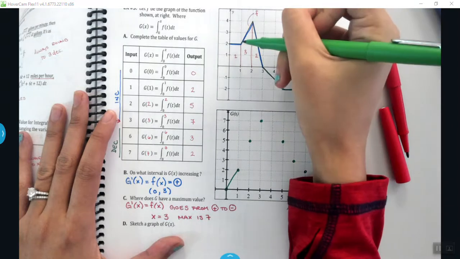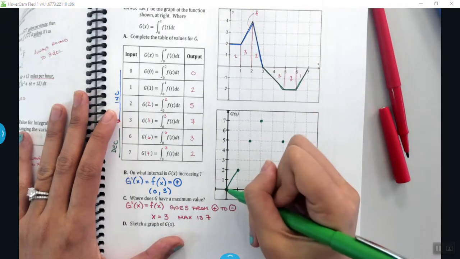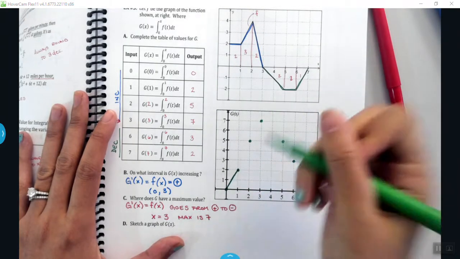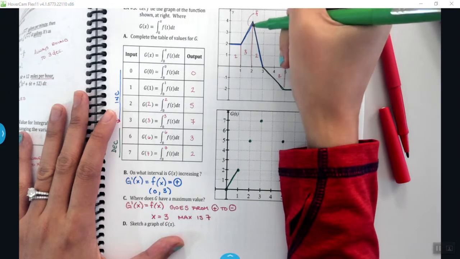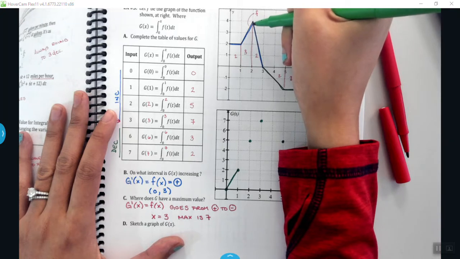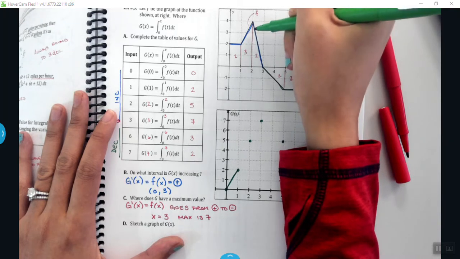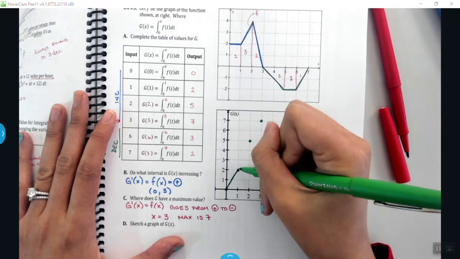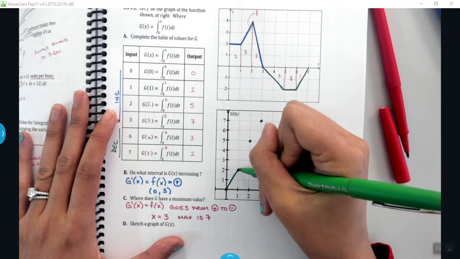Okay, from 1 to 2, am I concave up, concave down? I am doing what on my first derivative? My first derivative is increasing, so my second derivative is positive, and my original is concave up, right?